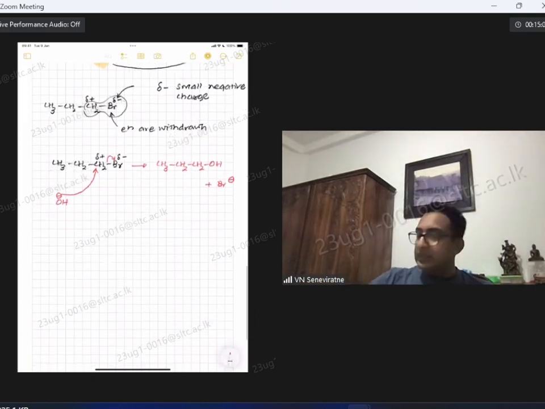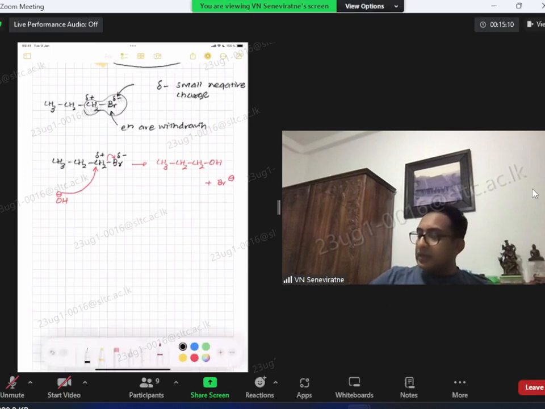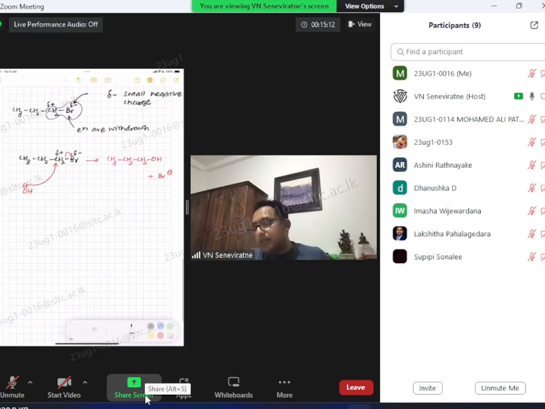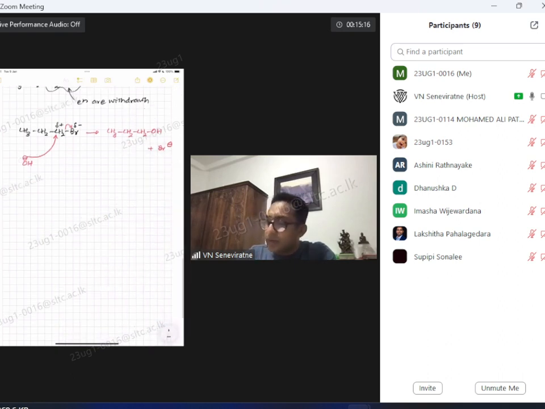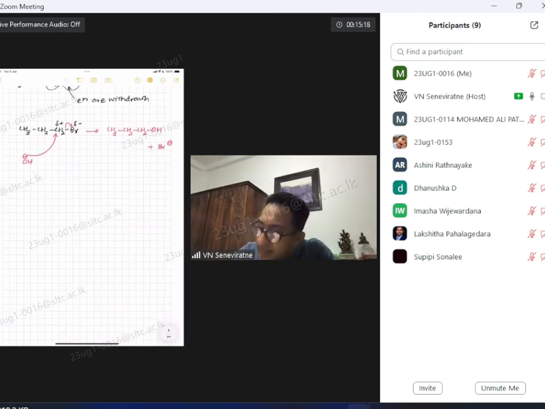Is it clear? Now, let us say someone asks you to write this mechanism. How do you work on this? For example, let us say CH3CH2CHBrCH3, and you've been asked to write the mechanism with sodium hydroxide.